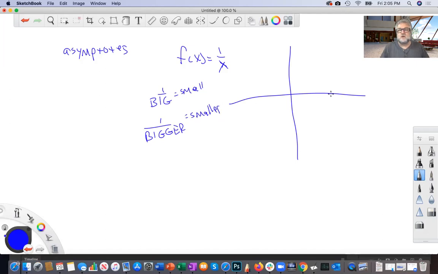As x gets really, really big, y gets really small. And out to infinity, it starts approaching 0. Never touches 0, but it gets there.